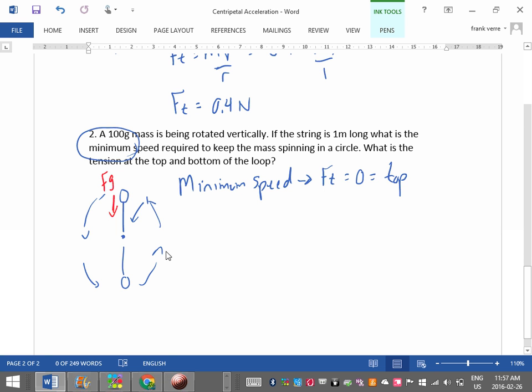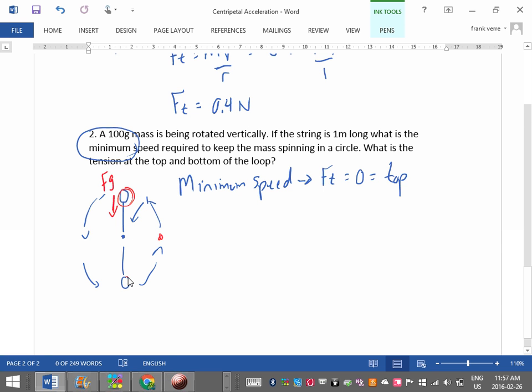Anywhere else, it would be a combination of gravity and tension. So we pick a point, for example, here. Well, gravity and tension are going to be working, but up here, with the minimum speed, the only thing acting on the ball is gravity.